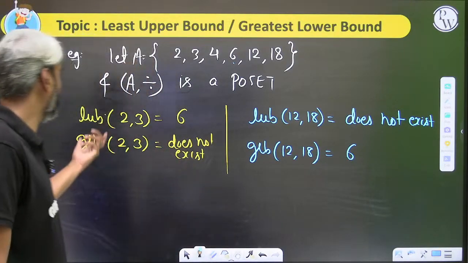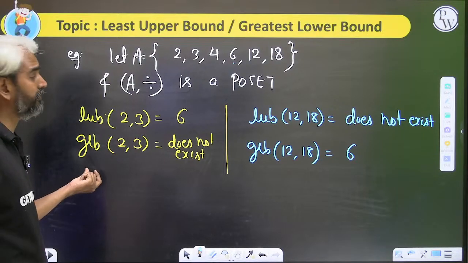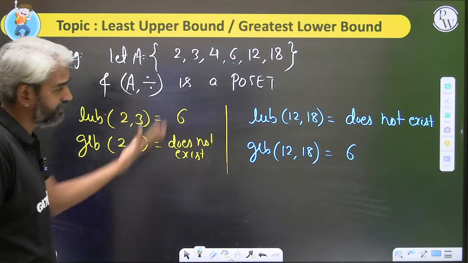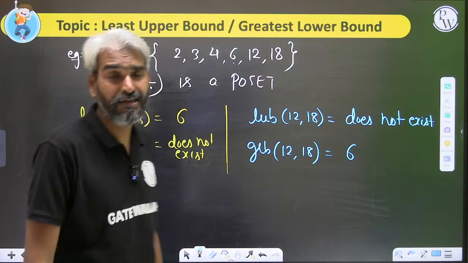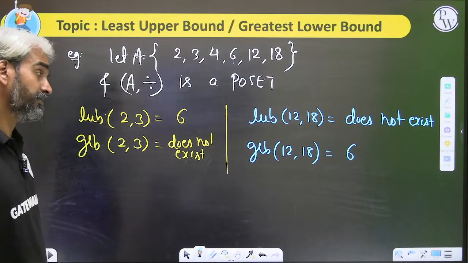So, it may be possible that the least upper bound exists for some pair of elements but does not exist for another. Similarly, the greatest lower bound exists for some pair of elements and does not exist for some other pair of elements. So, it's fine.